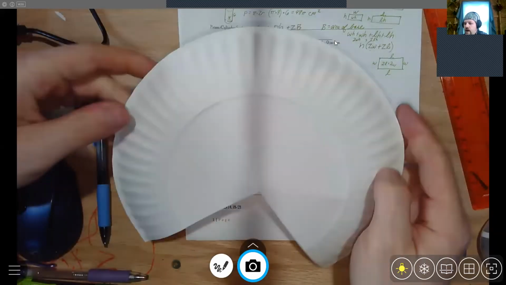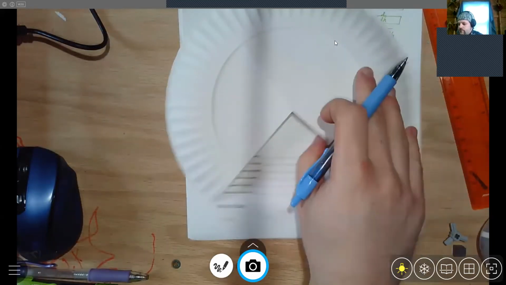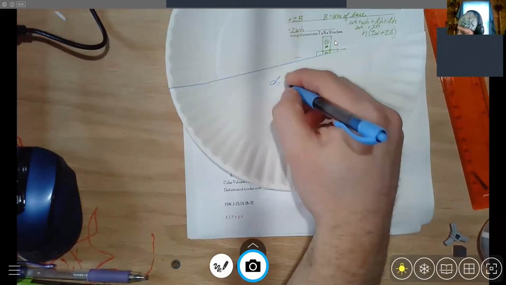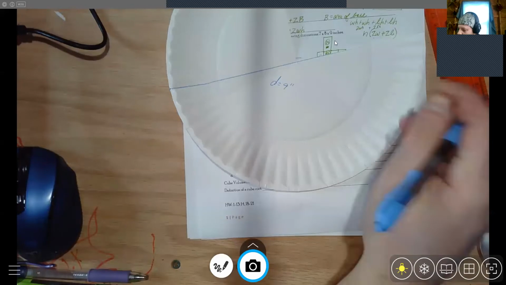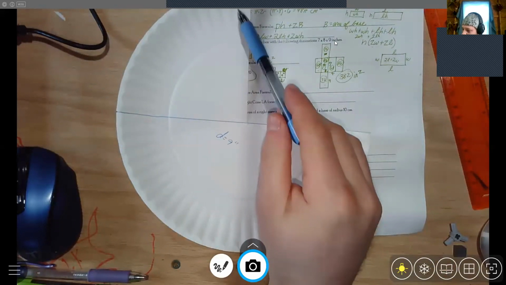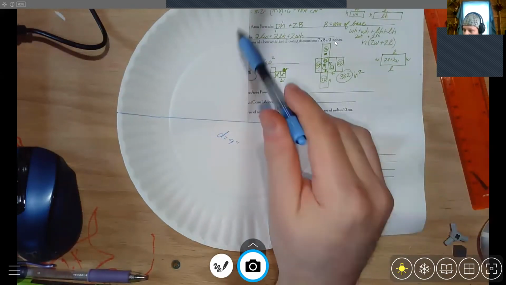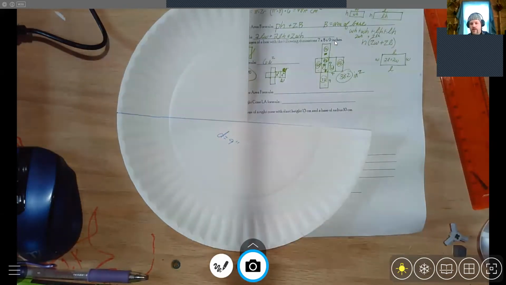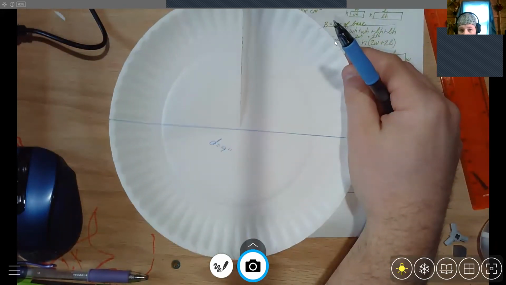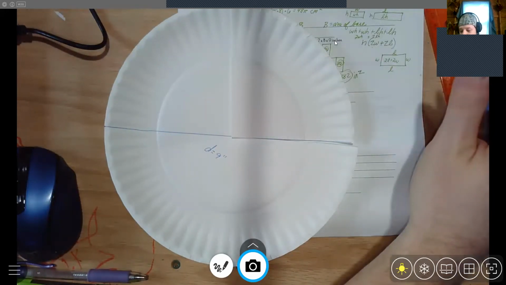So now let's think about how we could find the surface area of this. We knew that the diameter of my paper plate is 9 inches. And if we want to find the area of this piece here, maybe you have no idea how to do that. Well, how do you find the area of the paper plate?